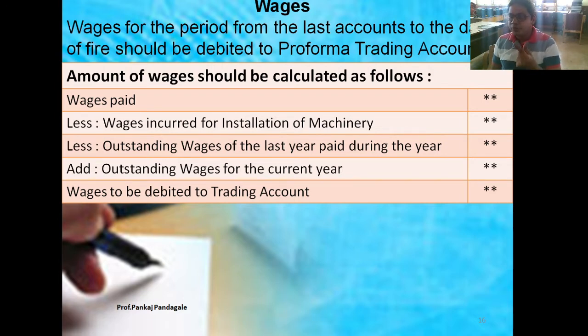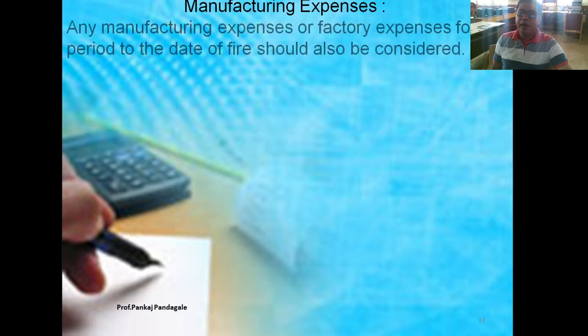Whatever amount comes is shown on the debit side of the trading account. Manufacturing expenses, which are factory expenses, are also debited to the trading account, and the period up to the date of the fire should be considered.